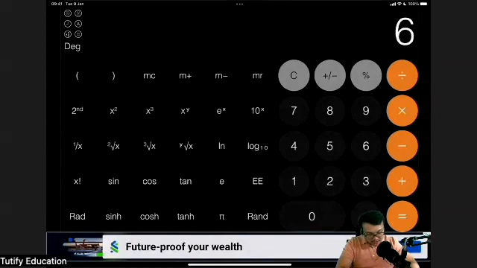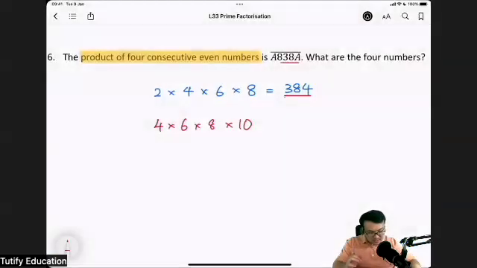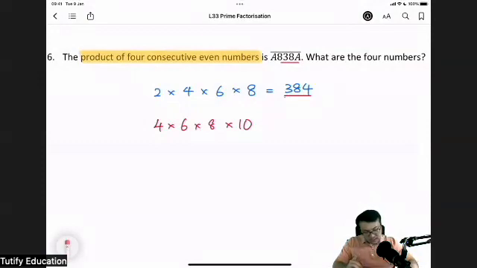Or even if you try 6, 8, 10, 12, you will not see 3s and 8s. The only time we see 3s and 8s is when we do 2, 4, 6, 8. Now, the only problem with 2, 4, 6, 8 is that it is too small, correct?